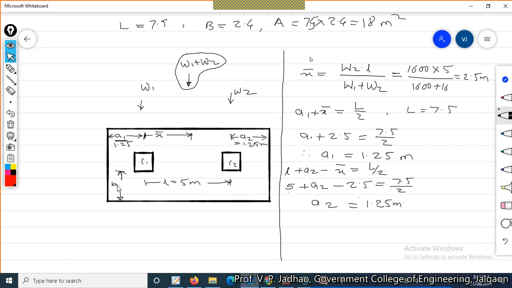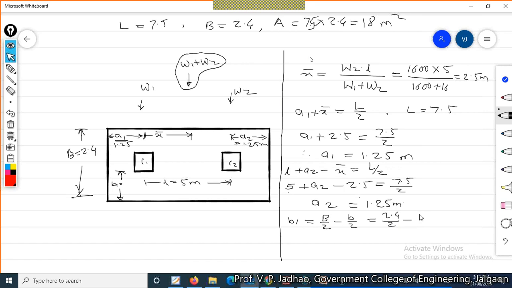So b1 is equal to capital B by 2 minus small b by 2, where small b is the width of this column. We have capital B as 2.4 meter, so 2.4 divided by 2 minus small b by 2.